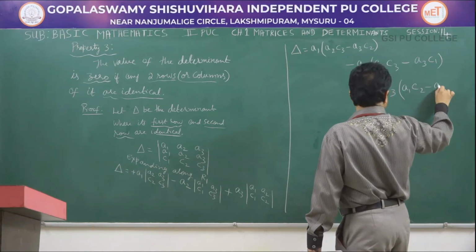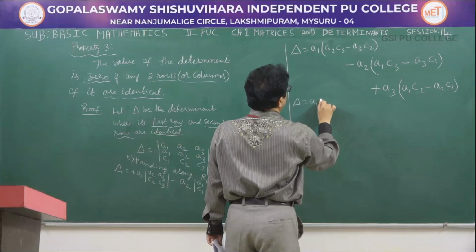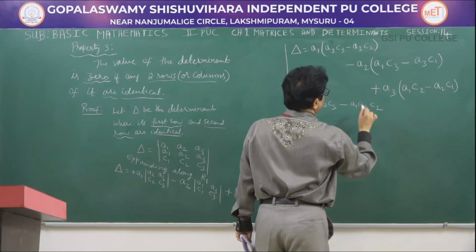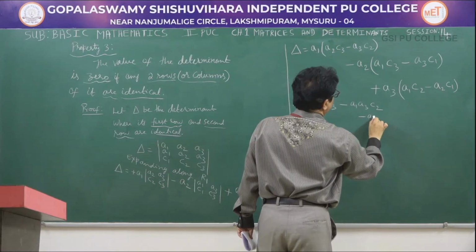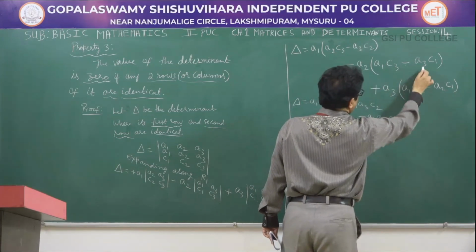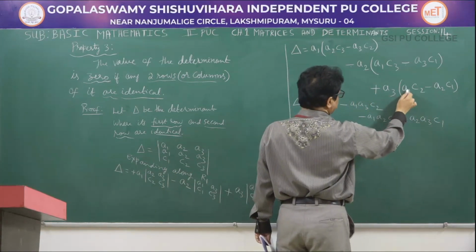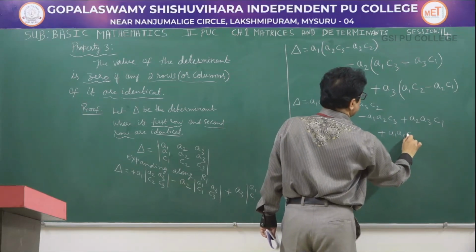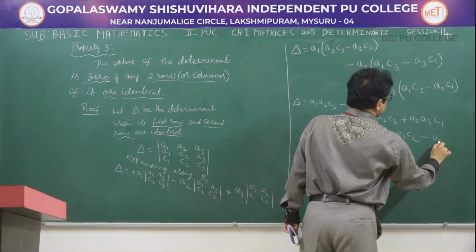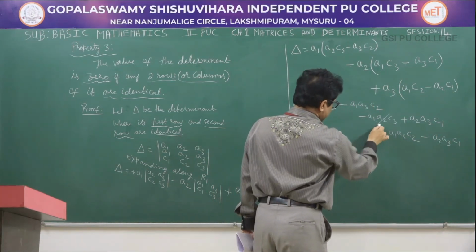So delta equals A1 into A2 C3 minus A1 into A3 C2, minus A2 into A1 C3, minus into minus plus A2 into A3 C1, plus A3 into A1 C2, that is A1 A3 C2, plus into minus minus A3 into A2 C1, that is A2 A3 C1.